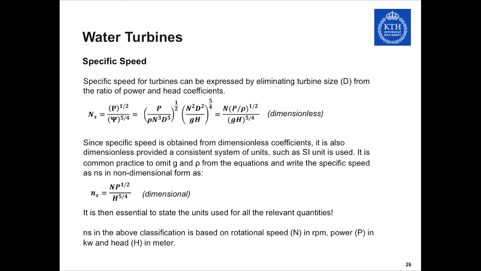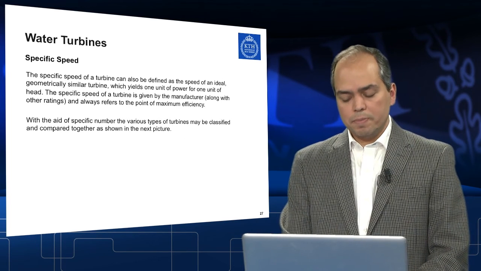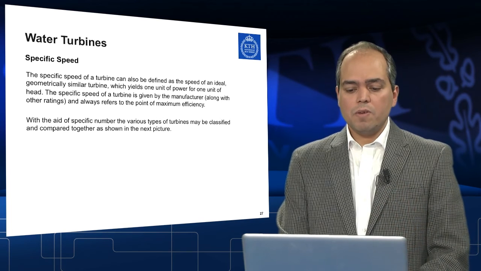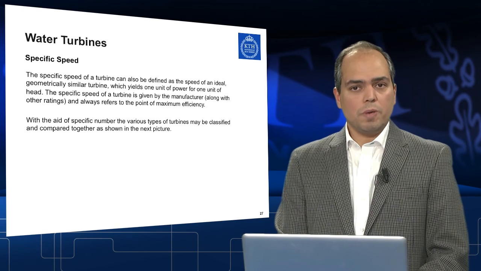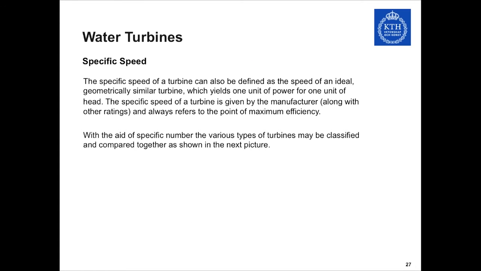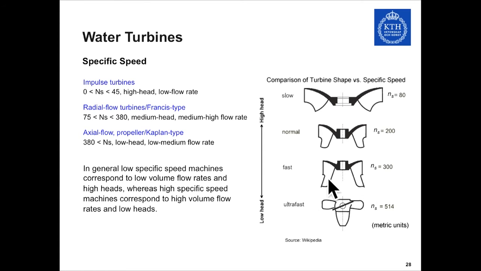parameter. Now, with the aid of the specific speed and the definition that we have, we are able to classify different turbines and compare them together. So here you can see the comparison of the turbine shapes with the specific speed. We start from lower specific speed and then increase the specific speed here.